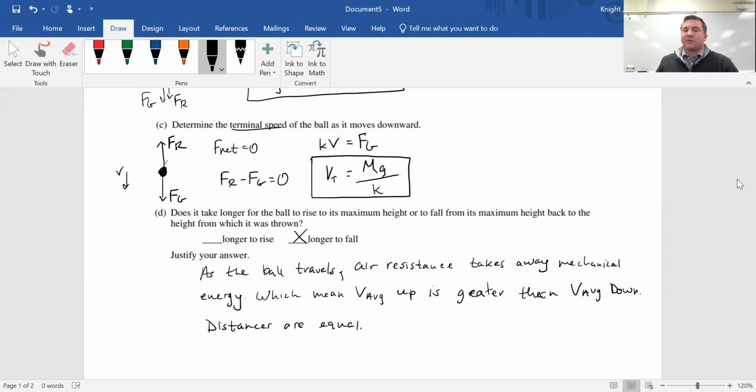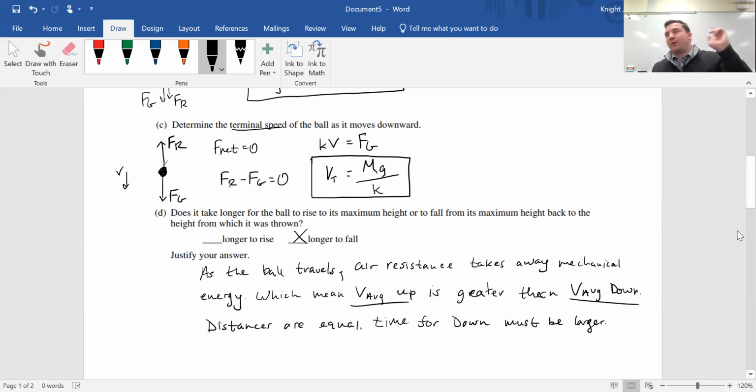Right, distances are equal. So if the way up has a greater average velocity than the way down because air resistance is taking away mechanical energy the whole time, then the time for the downward travel must be bigger or larger, however you want to say it.